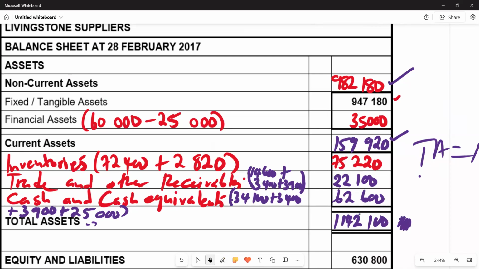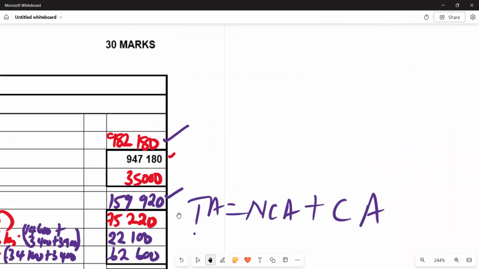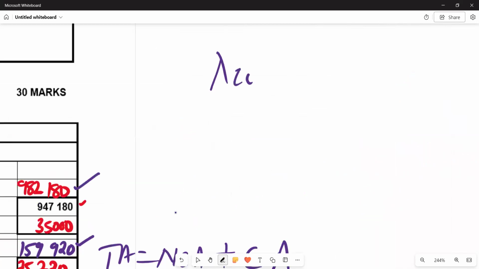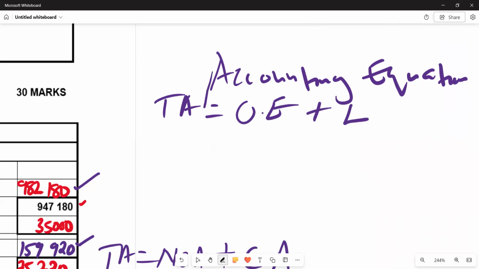Remember, in the balance sheet, we try to abide by the accounting equation. The accounting equation explains the balance sheet. What does it say? It says total assets is equal to owner's equity plus liabilities. So now we are at the stage of this side of the equation whereby we have calculated the figure for total assets.